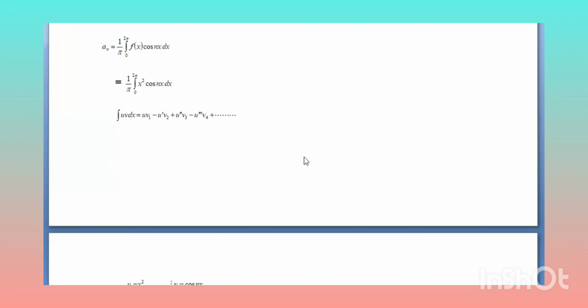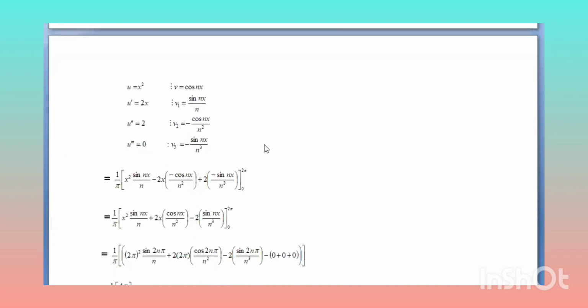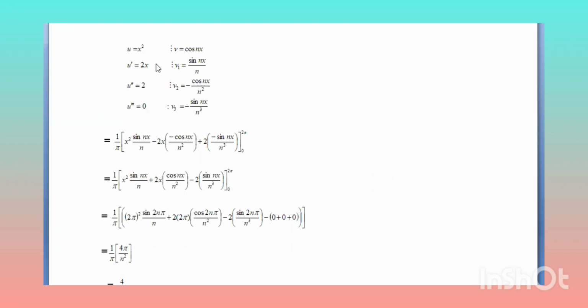So u is equal to x square, v is equal to cos nx. U dash, differentiating x square, is 2x. U double dash, differentiating 2x, is 2. U triple dash is 0. A constant term, if you differentiate, is 0.